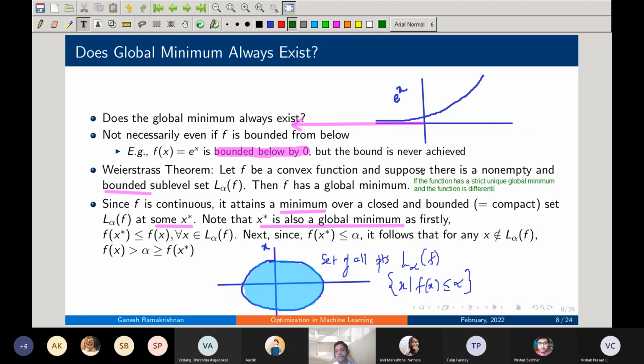I mean, the function is differentiable in addition to it being convex, etc. Okay, so I would like you to think about it, and if you have a proof, why don't you post it on the group?